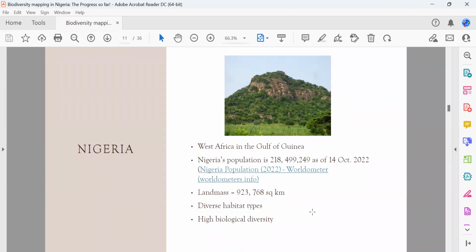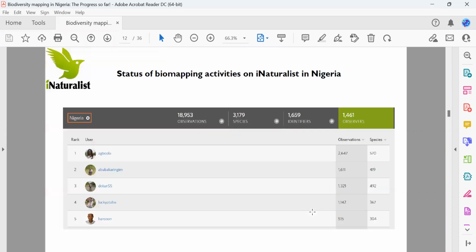Among the great primates we have in Africa, we have the chimpanzee and the gorilla. In terms of birds, Nigeria is ranked 23rd in the world by BirdLife International. In terms of butterflies, Nigeria is ranked number 3 in Africa. So we have so much biodiversity richness in Nigeria. We are blessed.